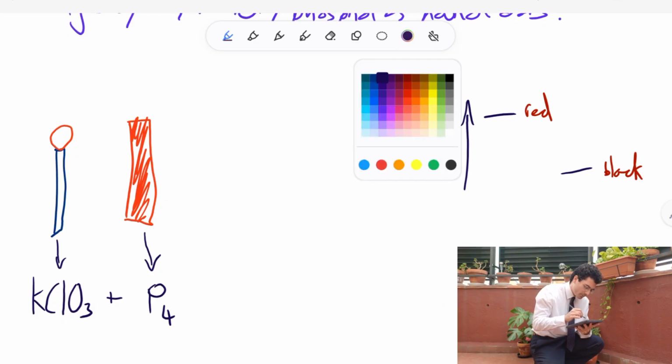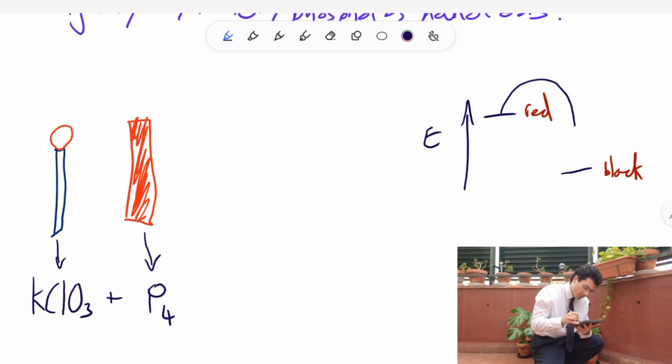So thermodynamically and kinetically, black phosphorus is more stable. So actually, kinetically speaking, black phosphorus is the most stable.